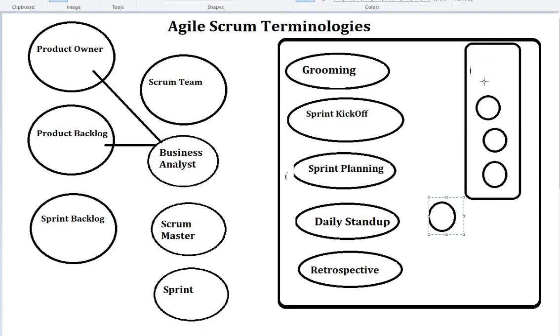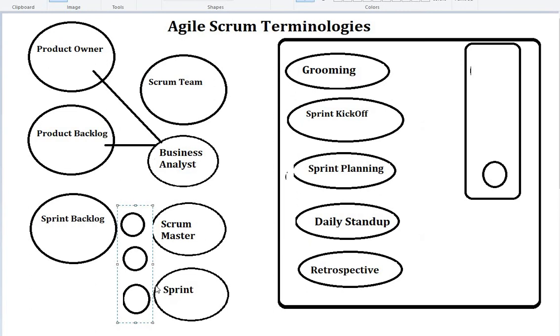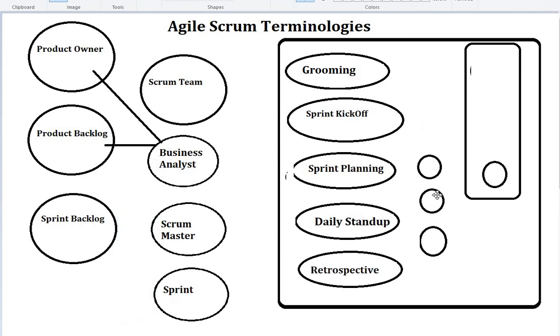So they pick how many items are going to be delivered and take them out from there. The ones coming out of this box are called the sprint backlog. Those are meant to be the backlog for the sprint, which means these need to be finished in this one sprint.